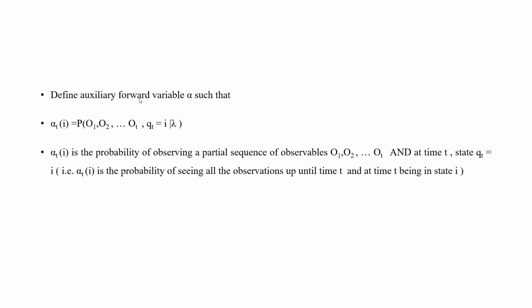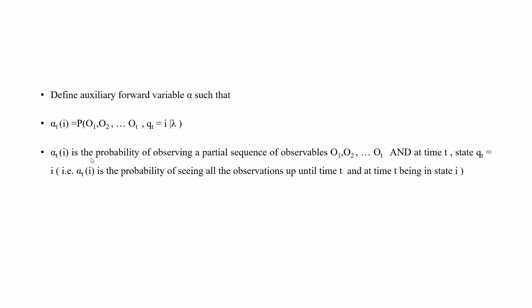Define an auxiliary variable, the forward variable called alpha, such that alpha t of i is the probability of O1, O2, etc. up to OT, comma, Qt is equal to i given lambda.